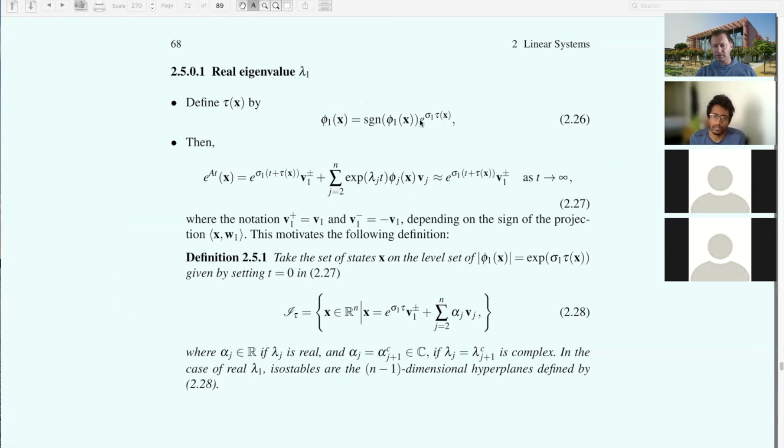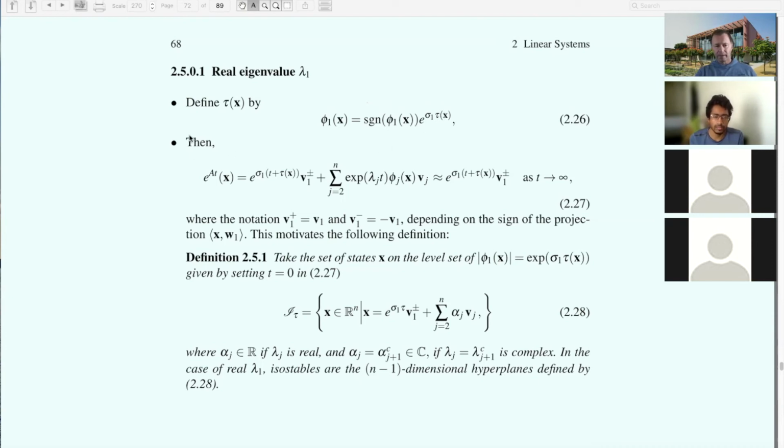This is a positive value. And so really, I'm defining tau by this relationship, because I know the value of φ1, and I know its sign. So that's predefined. σ1 is predefined. The only thing that I don't know is tau, right?